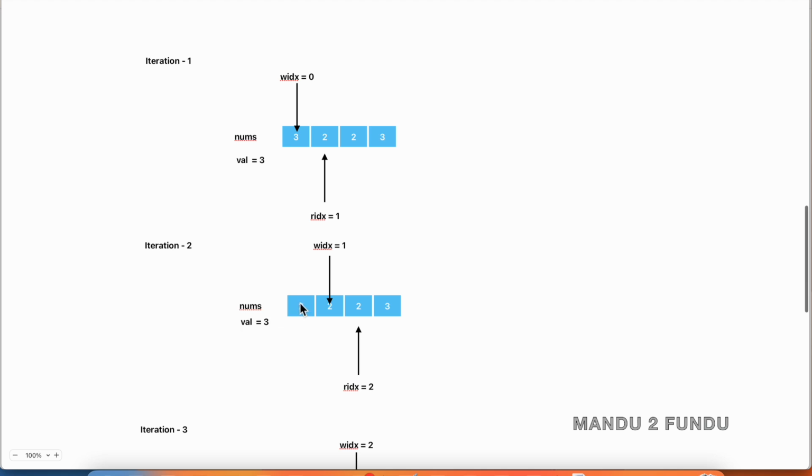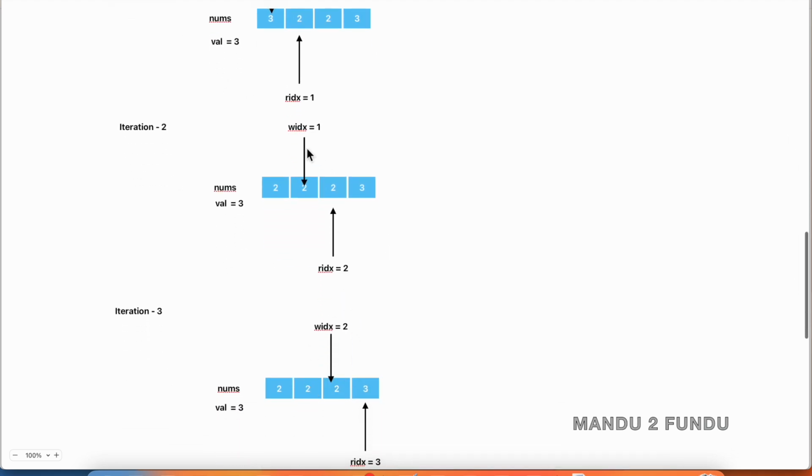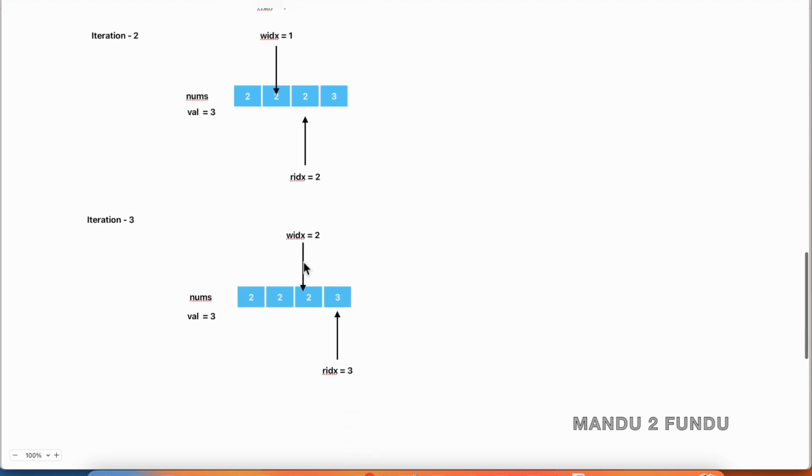So the 2 is written, and now we compare the element pointed by the read index with the val, which is not matching. So what do we do? We copy this element into the entry pointed by the write index. So that is done here, and we advance both the read pointer and the write pointer. The write index points to the third element and the read index points to the fourth element.